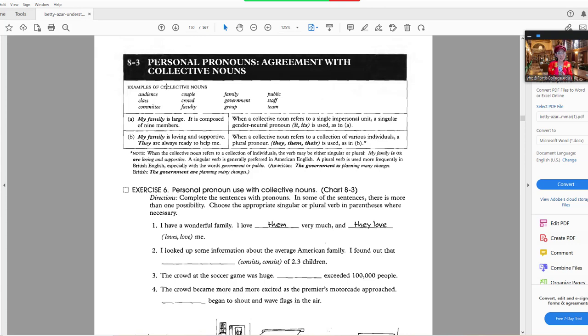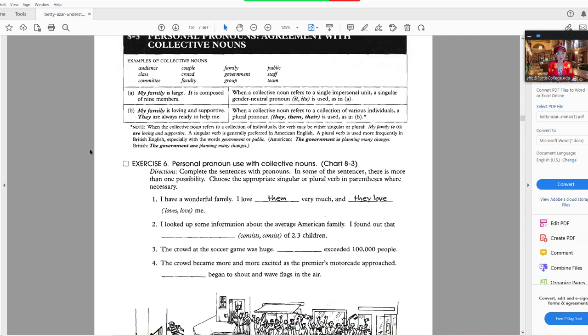So audience is, class is, committee is, couple is, crowd is, the faculty is great, the family is large, the government is corrupt, the group is fun, the public is informed and educated, the staff is qualified, the team is competent. So all of these collective nouns are one entity and take a singular verb. So that's all you have to remember.